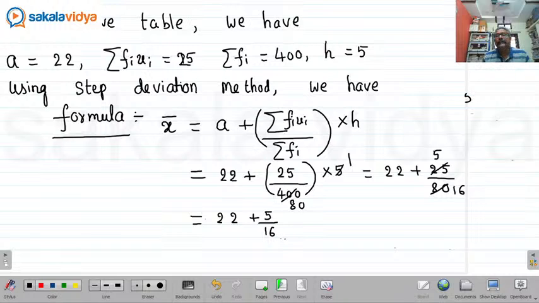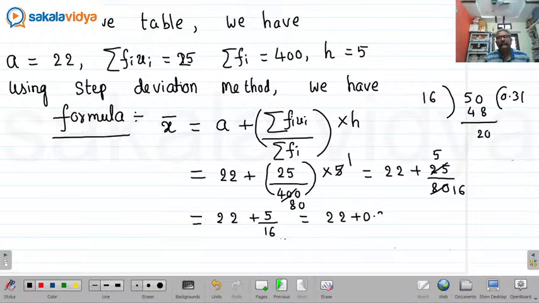So now 5 divided by 16, 16 threes are 48, this is 2, 16 ones are 16, 0.31. 22 plus 0.31 is equal to 22.31. Yes, absolutely correct you are. 22.31. Yes, good observation. Not 15, 25 is correct.